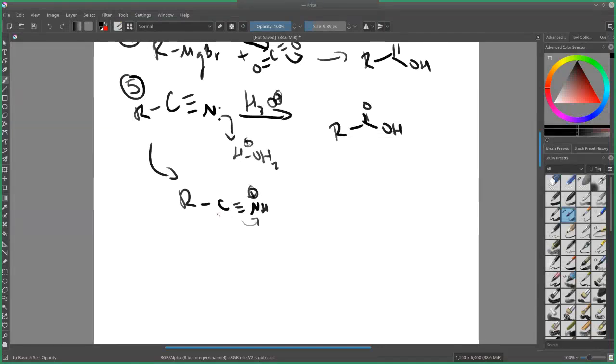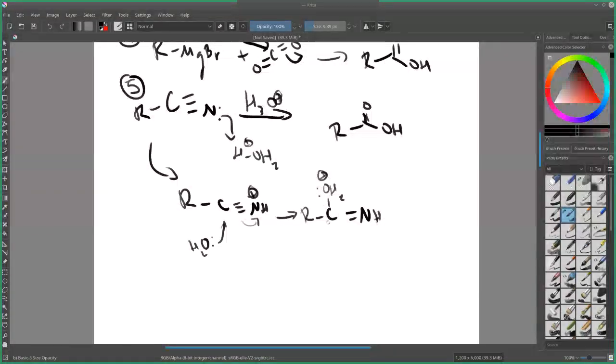Now you get some water that'll attack onto there, which will look like that, and then it should probably be something like this, and then you protonate the nitrogen again, you move the carbonyl, you move the electrons down to here, and so on.